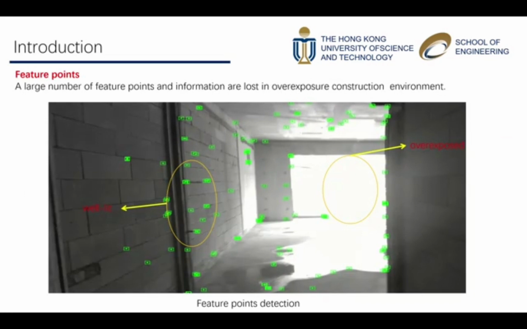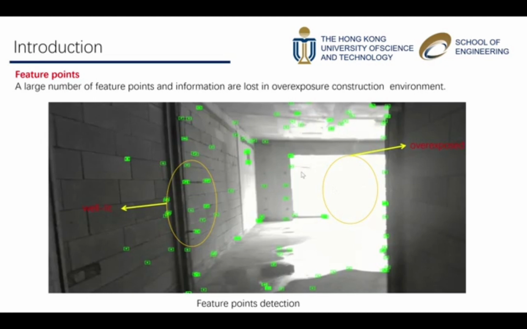Because in the overexposed environment, a large number of feature points and information are lost. We can see in this picture, the red part is the well-lit view. We can get many feature points, but in the overexposed parts, we lost the information and feature points. There are no green feature points in the overexposed part.